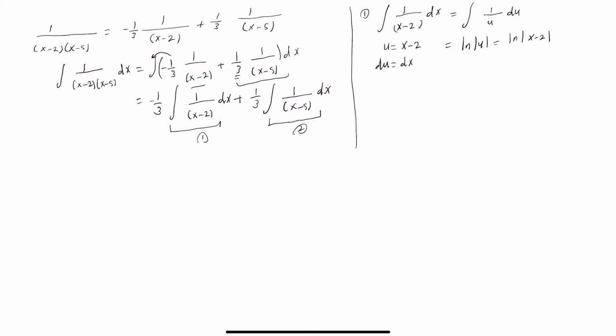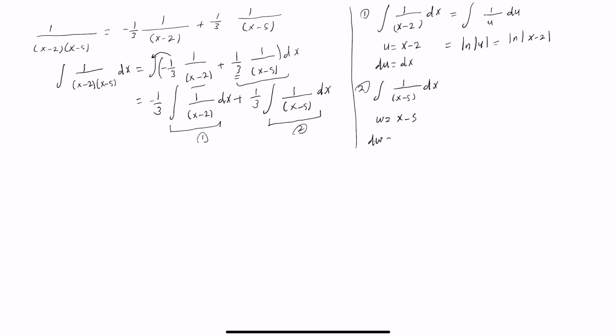That's for number 1. Now let's find number 2. We have the integral of 1 over x minus 5 dx. I also have to apply a substitution here, but I don't want to confuse it with the previous u, so I'm going to call this a w substitution. So w is equal to x minus 5.